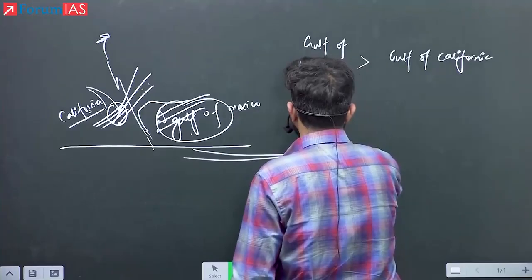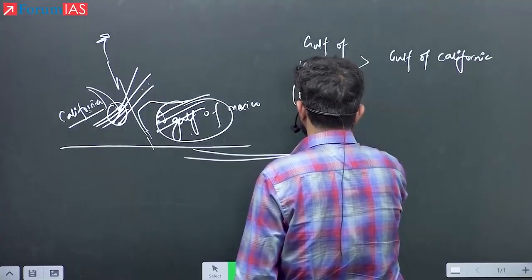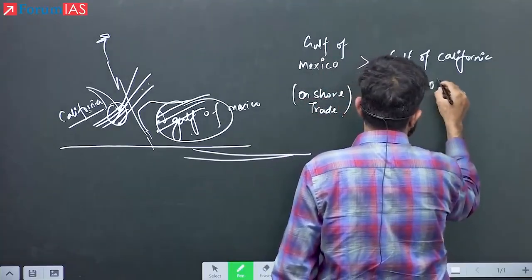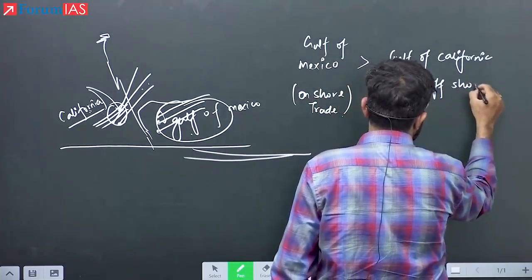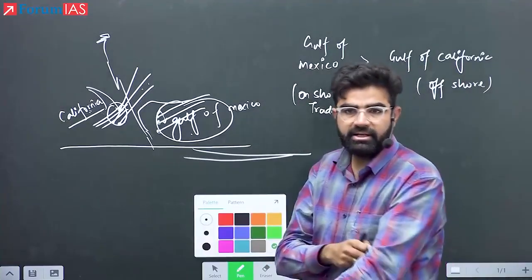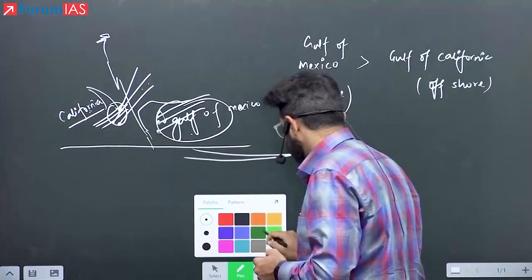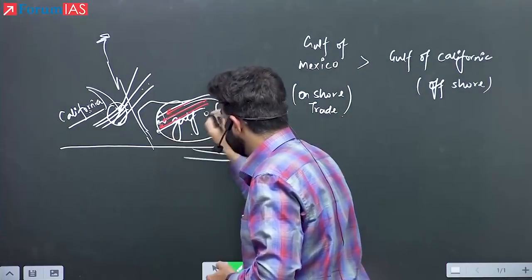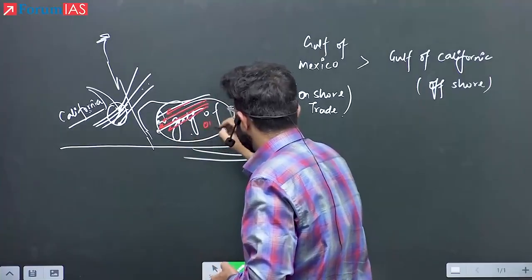Obviously, here you will write onshore trade winds. And here you will write offshore trade winds. There are a plethora of factors, but here primarily we are taking the winds only, right? I'm making this in red color so that you could differentiate. This is onshore.